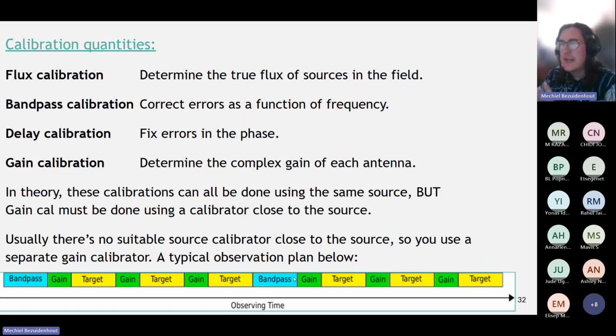So you do the gain calibration much more frequently than the other kinds of calibrations, just because the gain changes so rapidly. And for any science case, there's going to be an optimal way to structure your observations to get the best possible calibrations. So a calibration plan for a point source like a pulsar is going to be different from a calibration plan for an extended source.